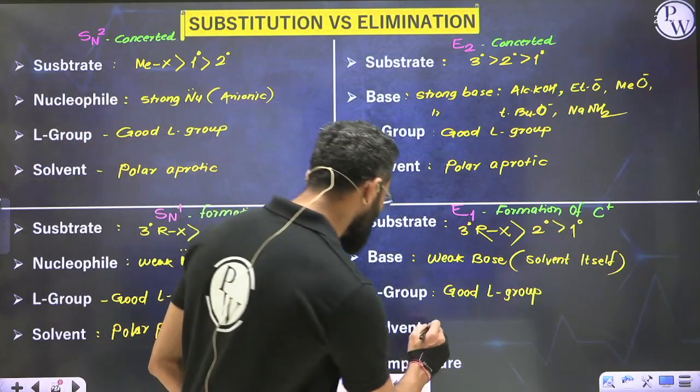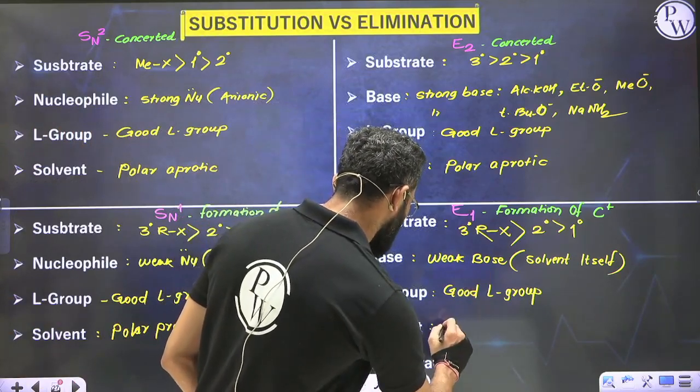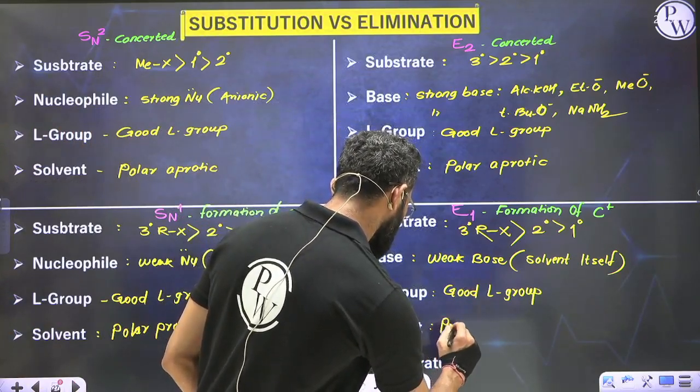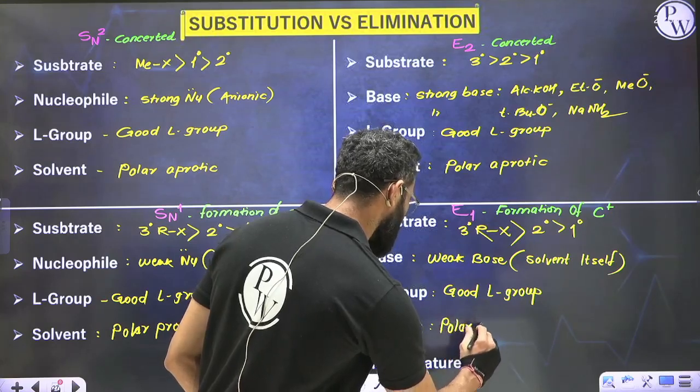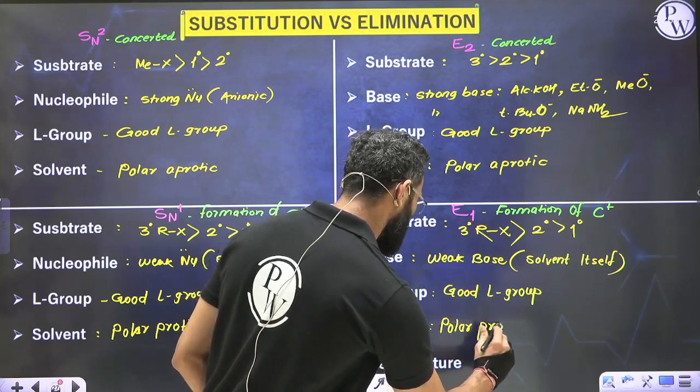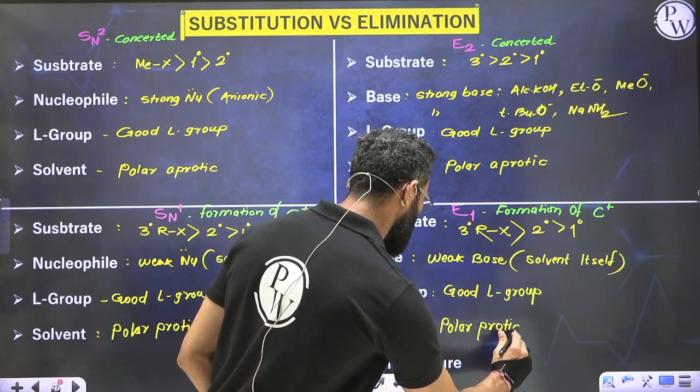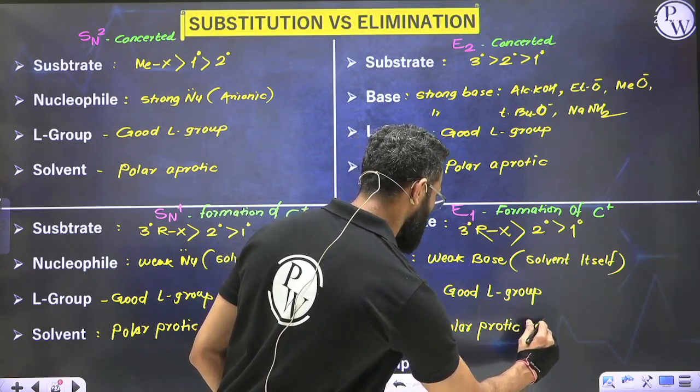So here as well, because carbocation formation takes place, we want polar protic solvent.